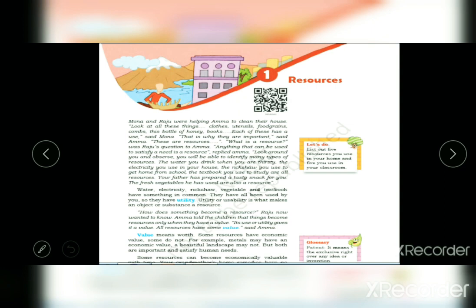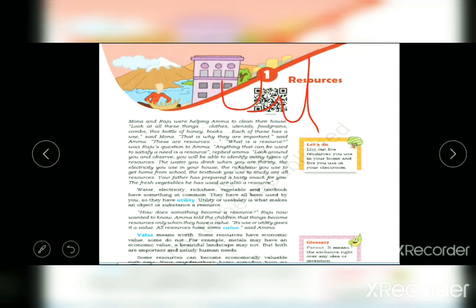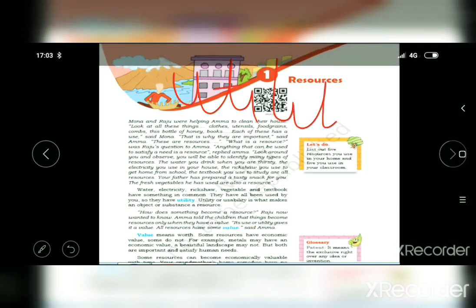So actually, a resource is mentioned here as a thing which we use in our day-to-day life and which is of utility.